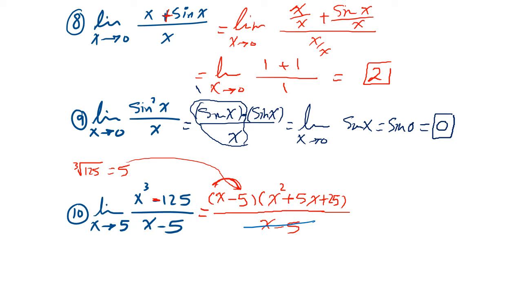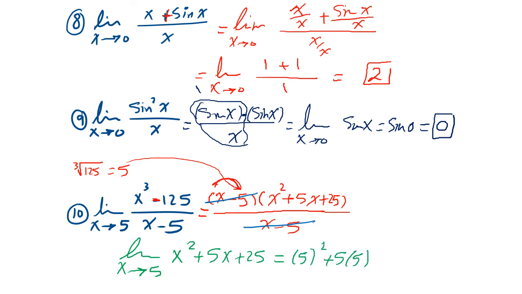After cancelling x minus 5 with x minus 5, its limit when x tends to 5 for x squared plus 5x plus 25 is equal to 5 squared plus 5 by 5 plus 25, which is equal to 25 plus 25 plus 25, which is equal to 75.